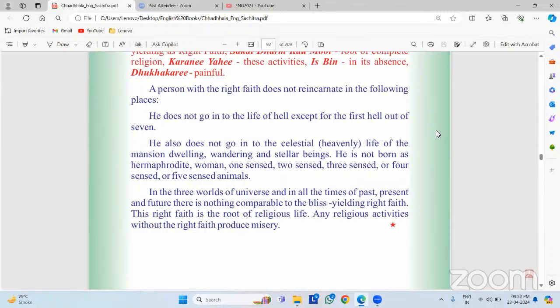He is not born as a hermaphrodite, woman, one sensed, two sensed, three sensed, four sensed, or five sensed animals. In the three worlds of universe and in all the time of past, present, and future, there is nothing comparable to the bliss yielding right faith. This right faith is the root of religious life. Any religious activities without the right faith produce misery.